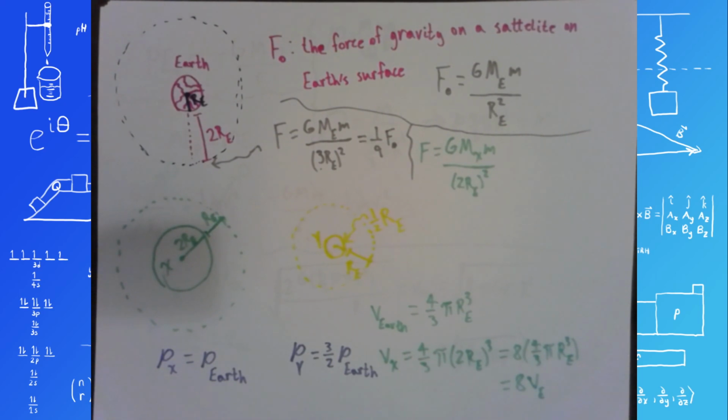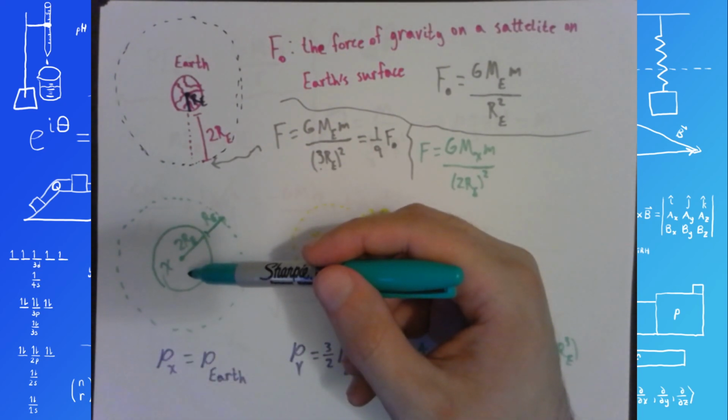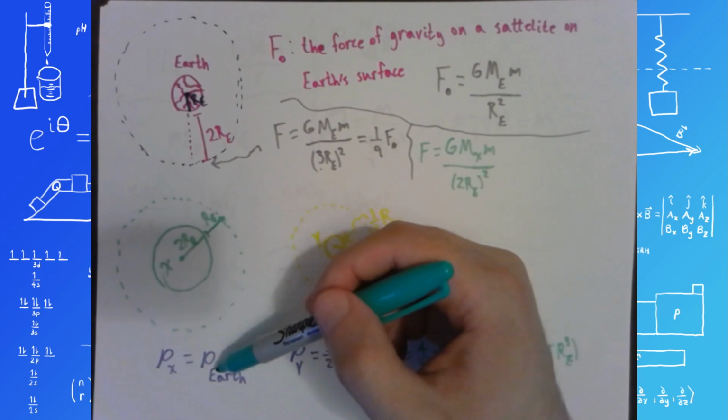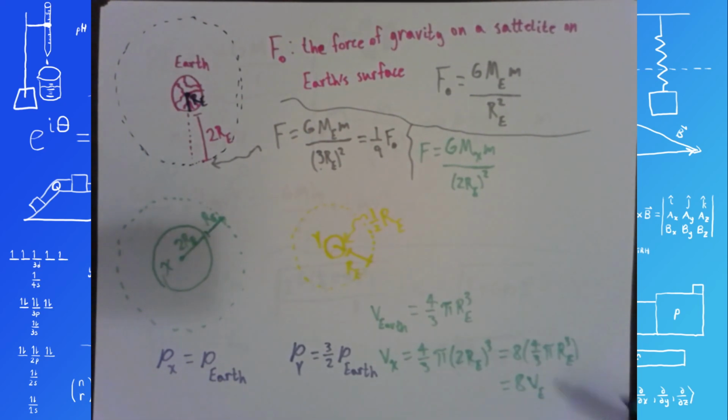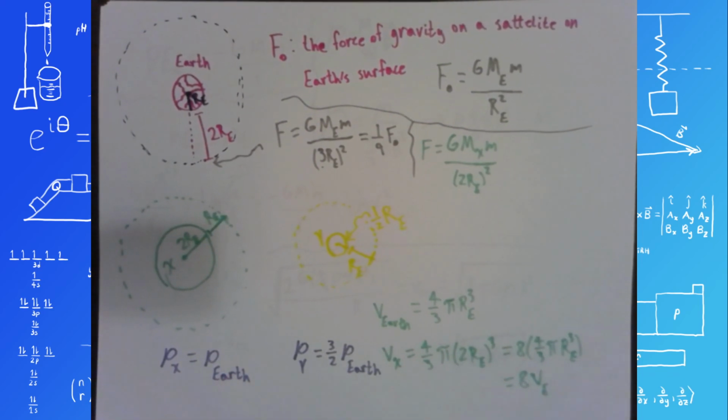So it's got 8 times the volume of Earth. And if the mass of planet X per unit volume is the same as it is for Earth, then mass of planet X is simply density of Earth times volume of planet X. So I can do, I guess I'll write it up here.